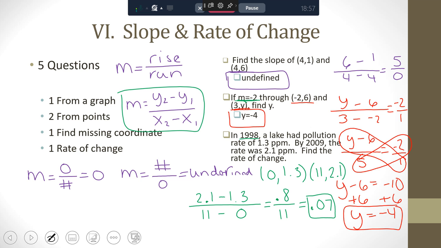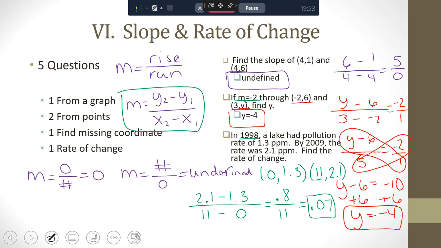Just in case it isn't years, what if it's time? So whatever the starting year or time is, that's 0. Then however many minutes or hours later, that goes in for the 11, the other x. So for most of these problems, your first x is always going to be 0, okay?